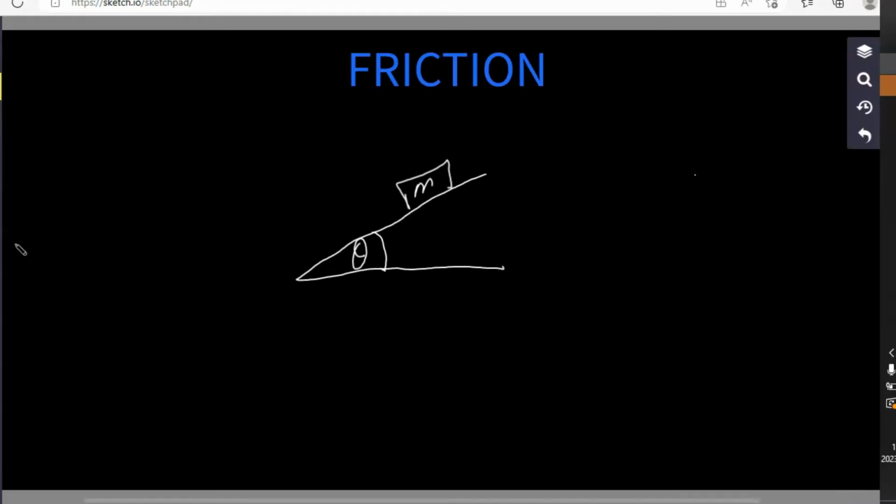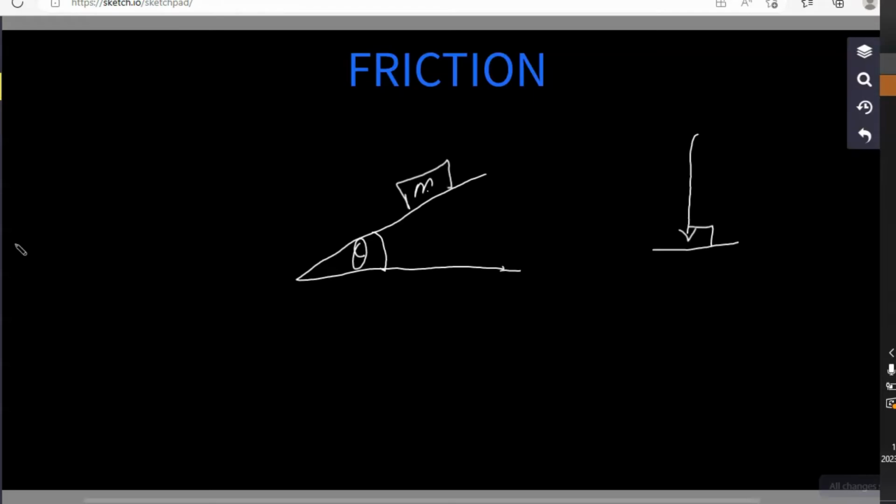One thing we have to know about gravitational acceleration is that it is always acting vertically downward, regardless of whether we are dealing with an inclined plane or a surface which is not perpendicular to the gravitational acceleration.